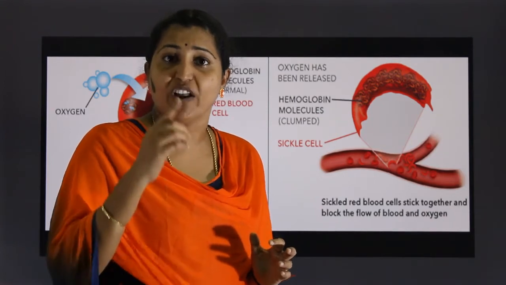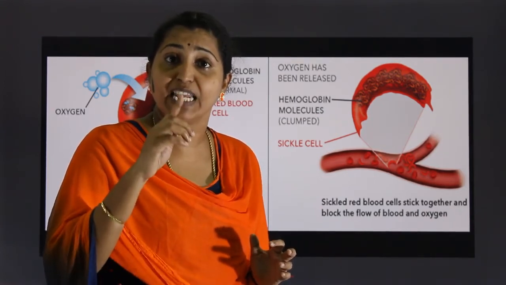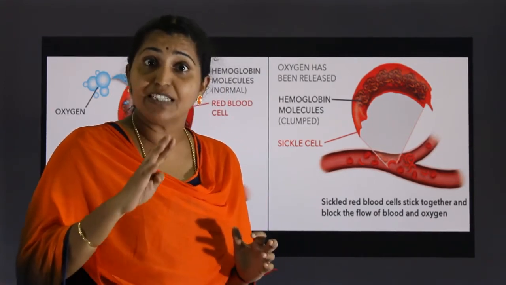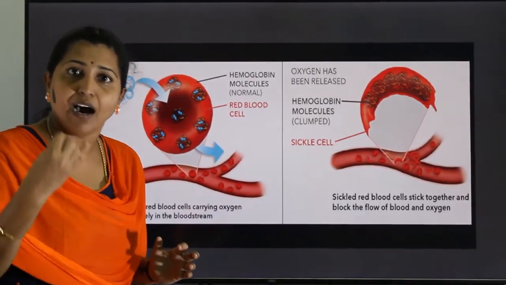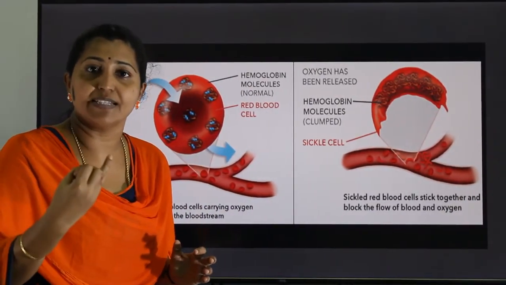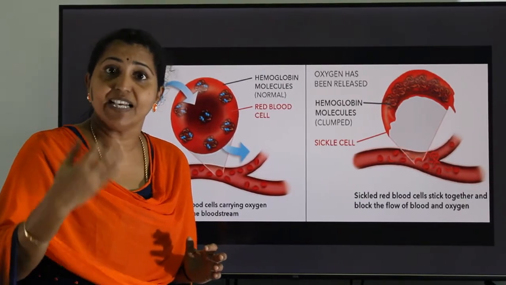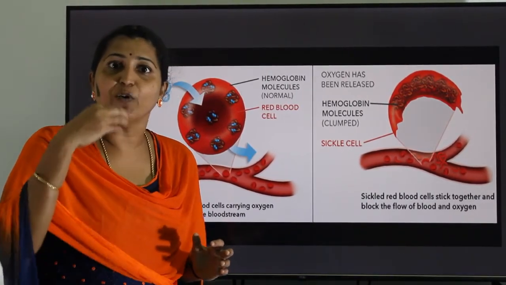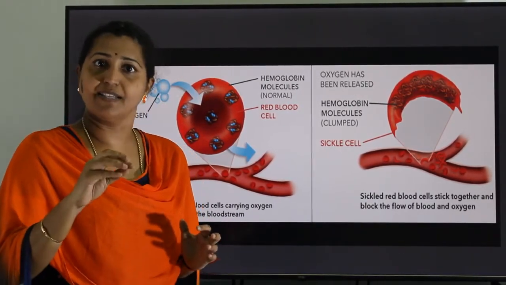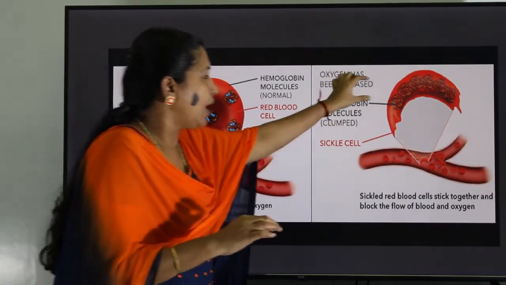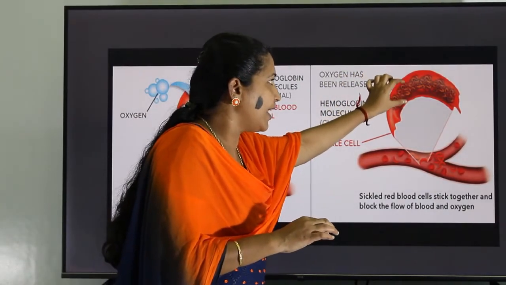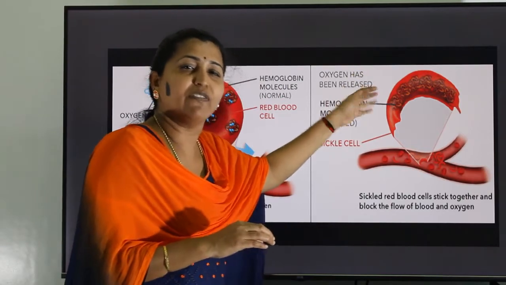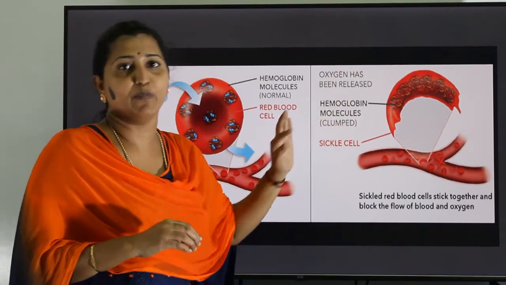I told you one of the main symptoms of sickle cell anemia is damage to organs like the heart, lungs and kidneys. The reason is lack of oxygen. Is it clear? Because these RBCs have very little surface area, they transport very little oxygen to the body cells.